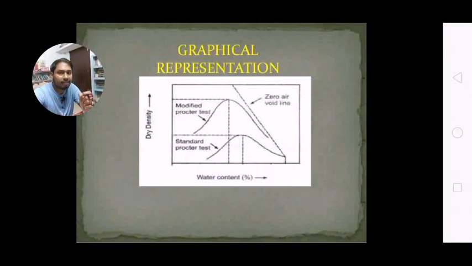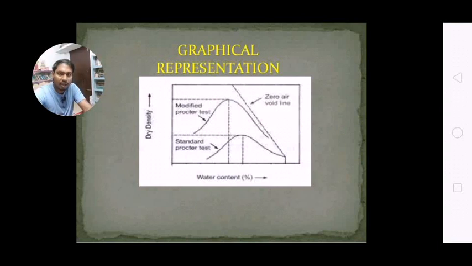Now coming to a very important question: what is the difference between compaction and consolidation? We know what compaction is. In case of compaction, an external dynamic load is applied on the soil sample, and in case of consolidation a static load is applied on the soil sample.